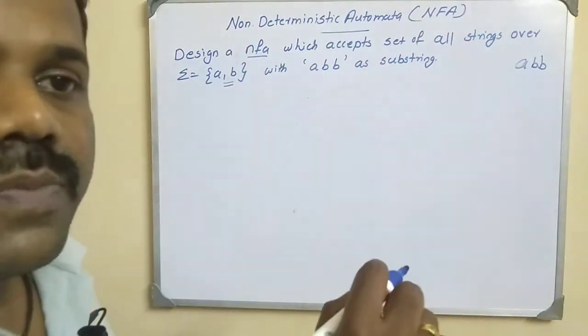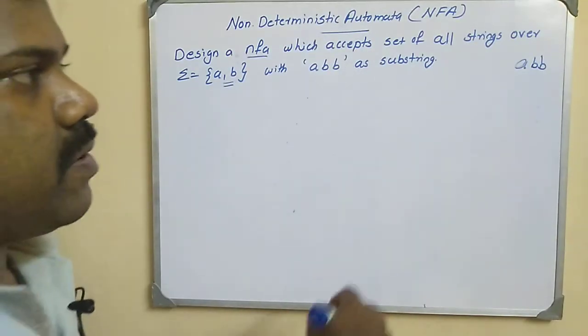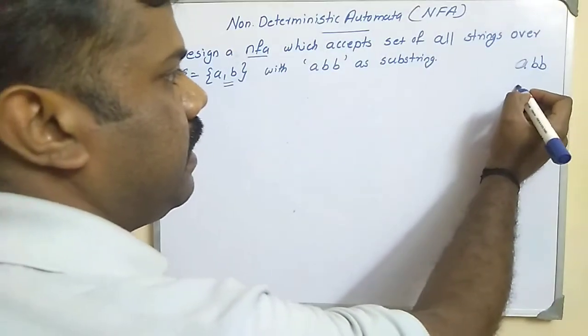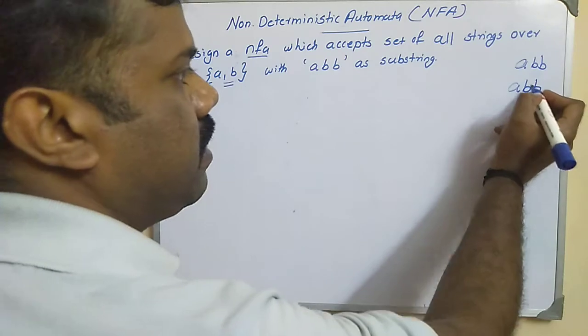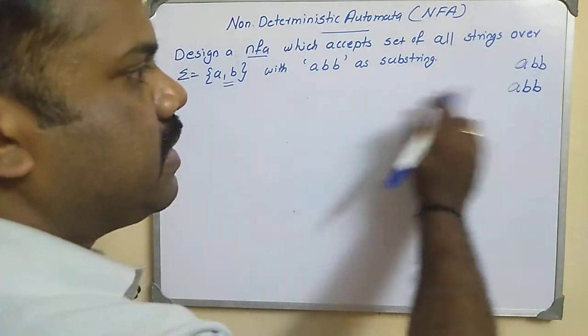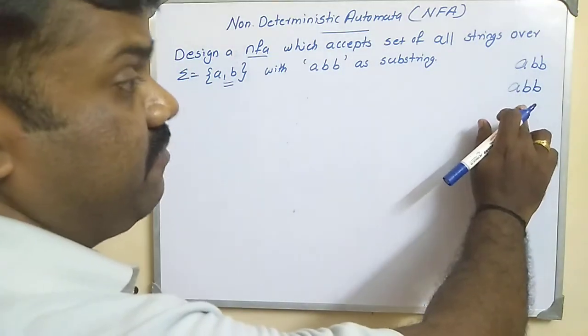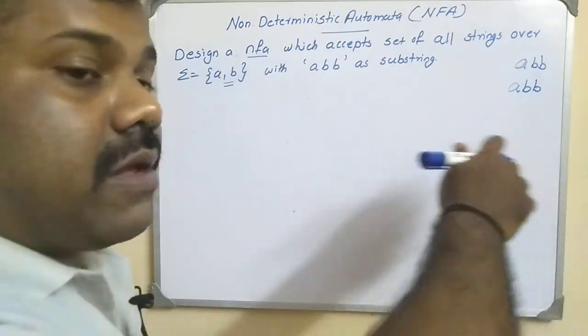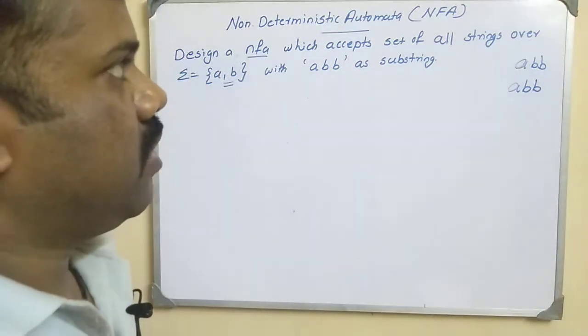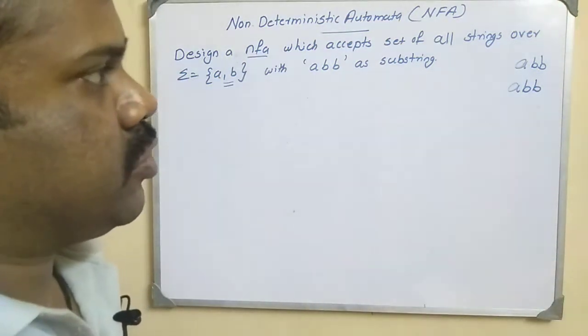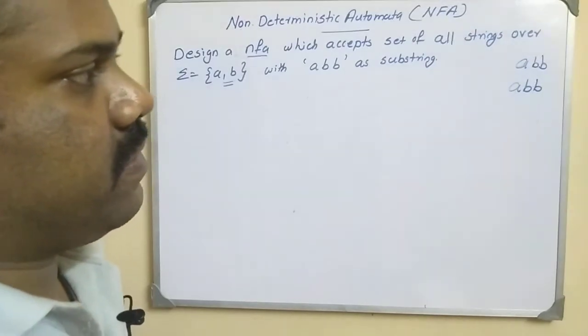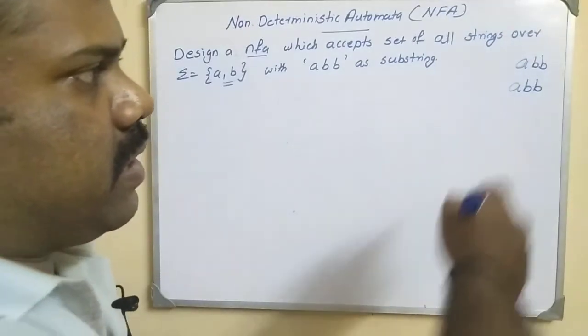So the least possible string accepted by this NFA is ABB. Now think about the further possibilities of strings that should be accepted by this NFA.